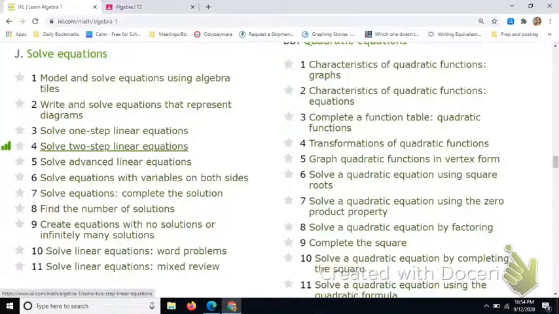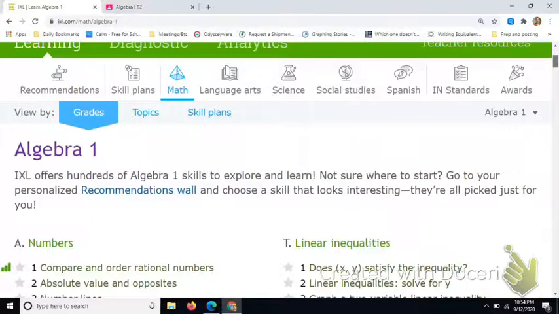Just a reminder that in IXL, unless I tell you otherwise, when I give you lessons, we are working in math, in the Algebra 1 tab. There are things on IXL from preschool through calculus, but we're going to be working on Algebra 1.